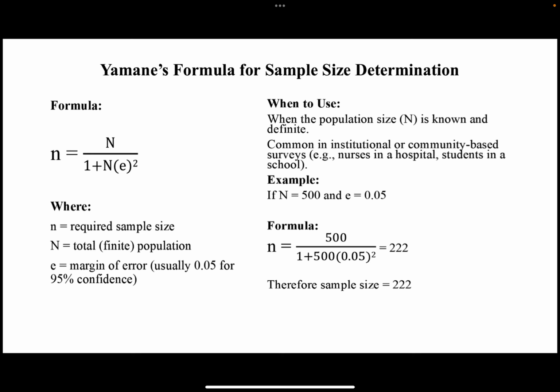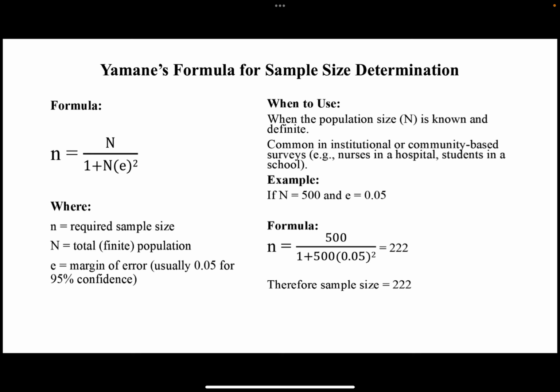Now, when do we use YAMANE'S formula? In what situation do we use it? Use YAMANE'S formula when the population size is known and fixed. This is the condition. So you want to do sample size calculation, and you know the population size of your target population.